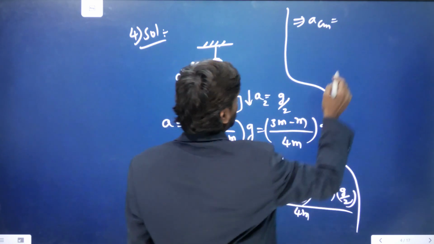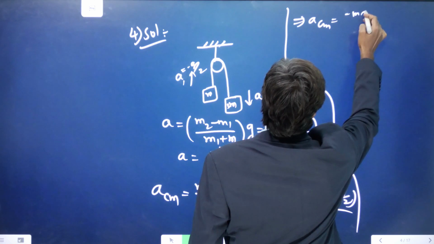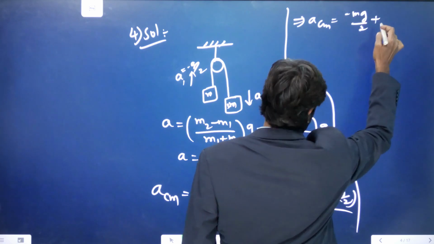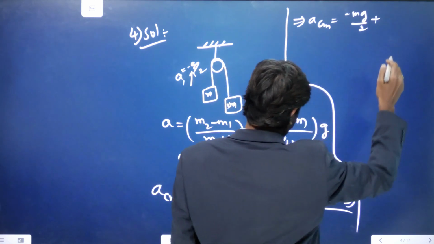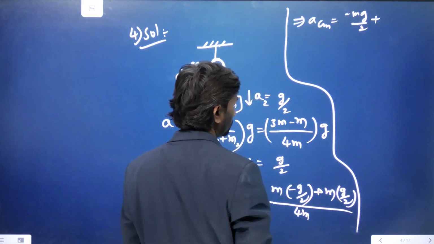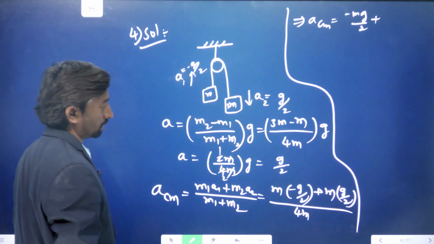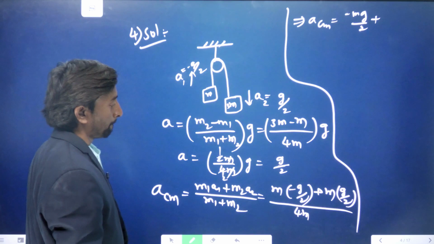what will we get here? Minus mg by 2 plus 3mg by 2, no?